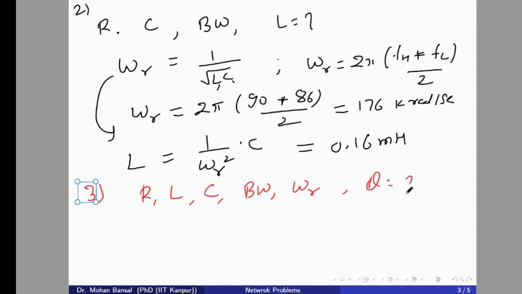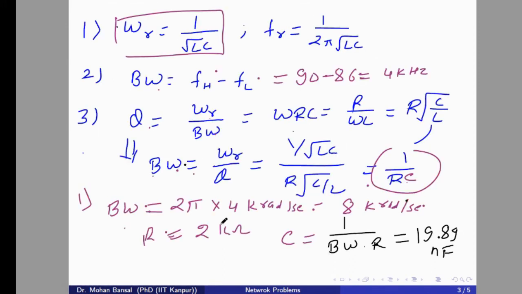Quality factor. So we can use the formula for quality factor, which is equal to omega R divided by bandwidth. We can easily use it because we know the value of omega R and bandwidth. We can also use omega RC, where omega is the resonance frequency, and R and C are also known. Any formula we can use here.